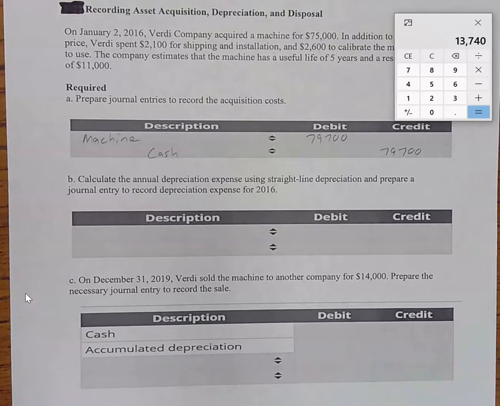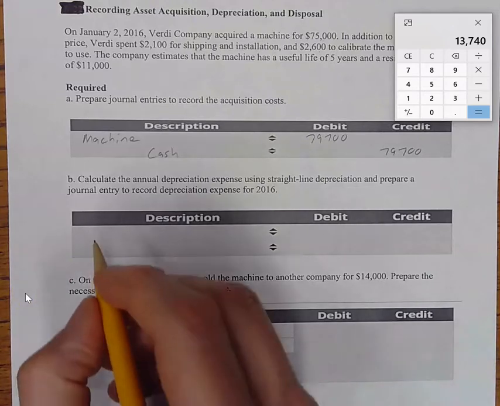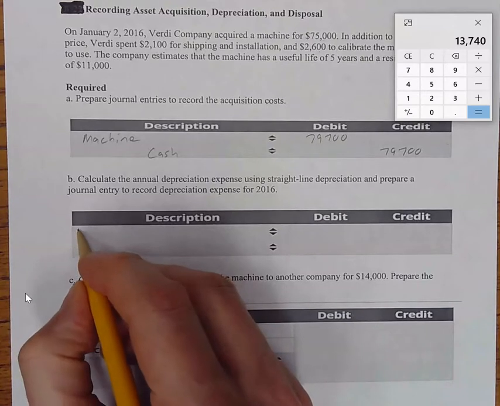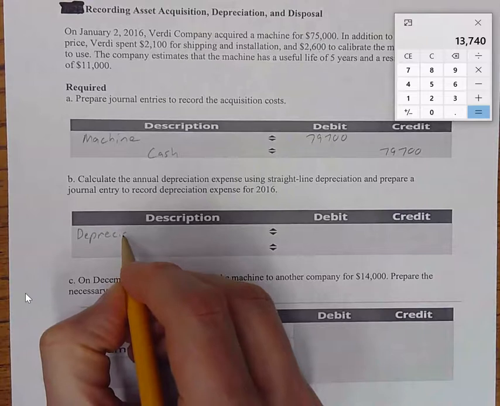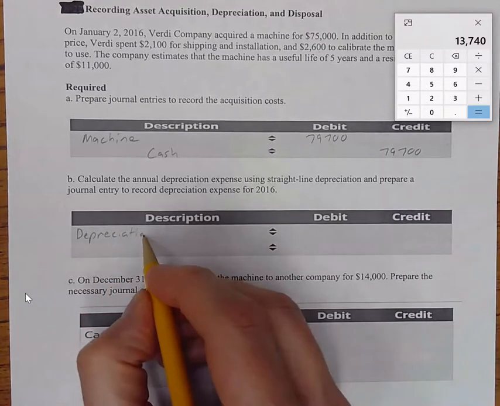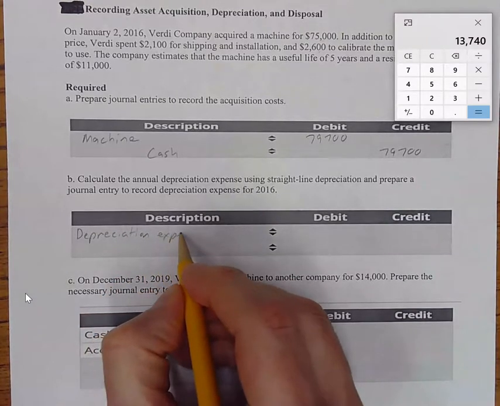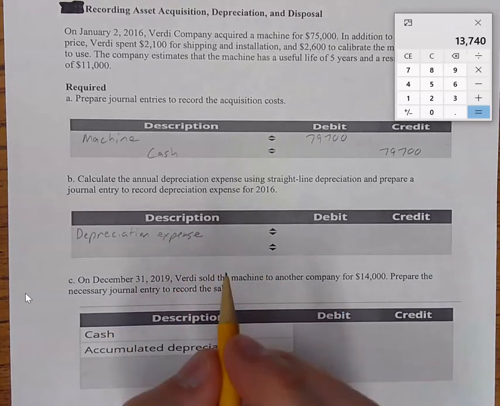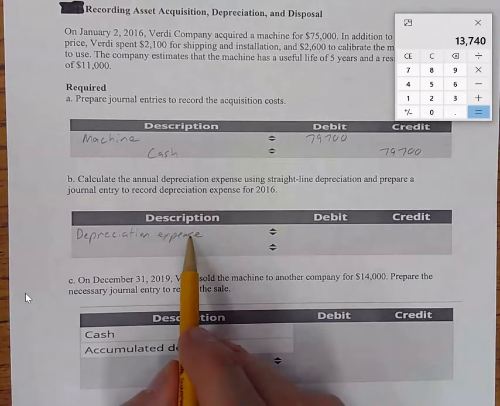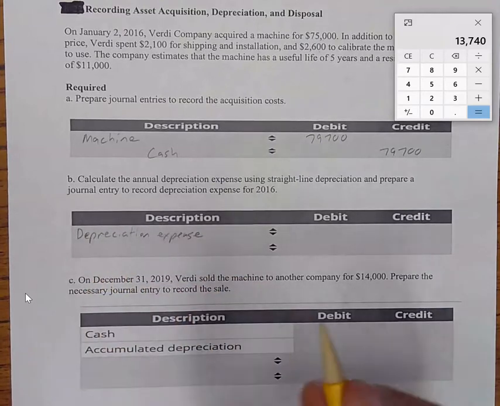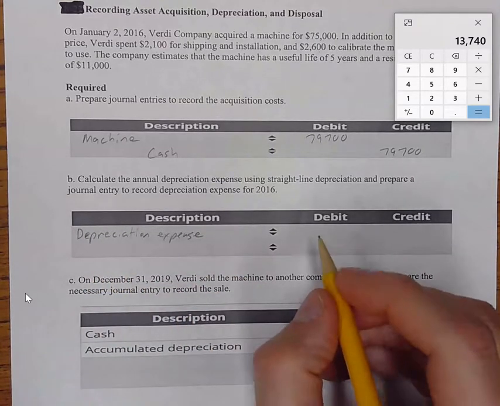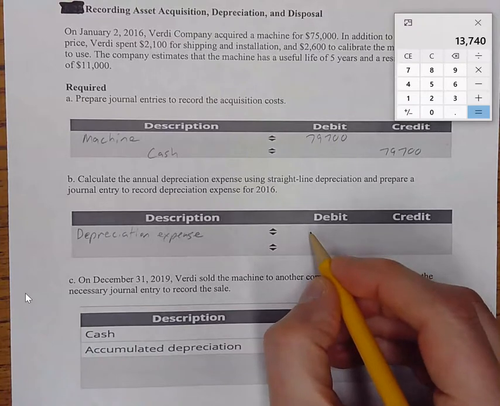So how do we get to the net value? Well, the first thing we're going to do is utilize the income statement account depreciation expense. And of course, anytime we see the word expense, that is a giveaway that we are dealing with an income statement item, and expenses go up on the left with a debit.